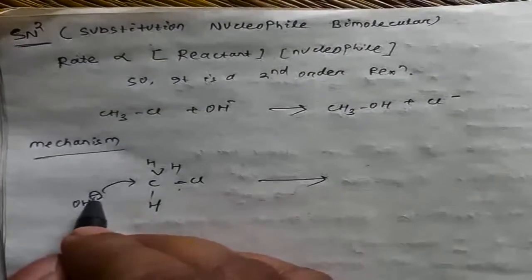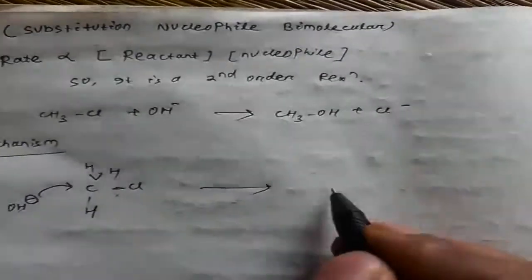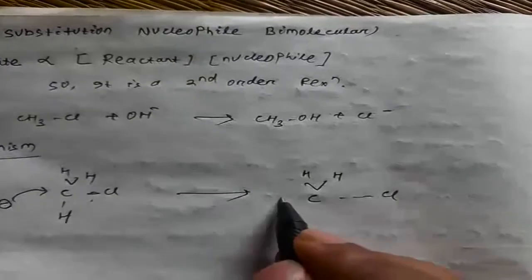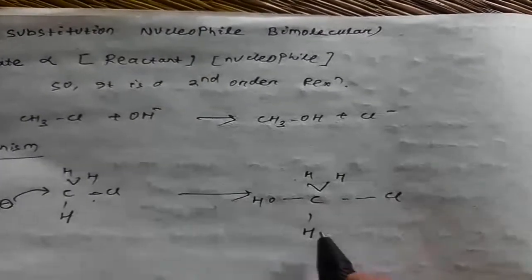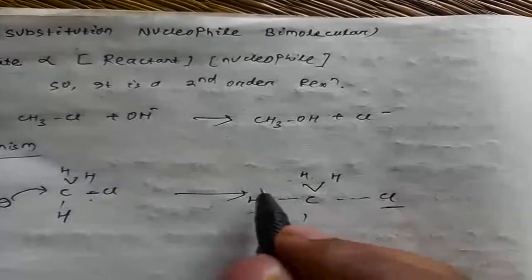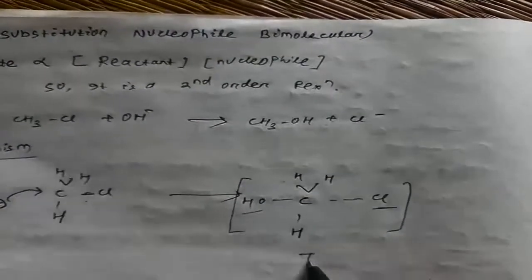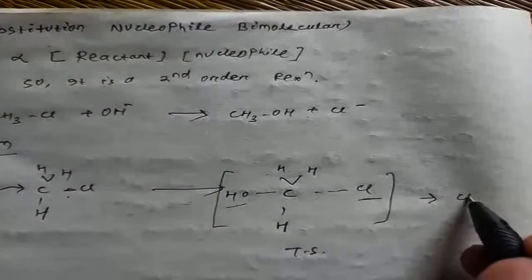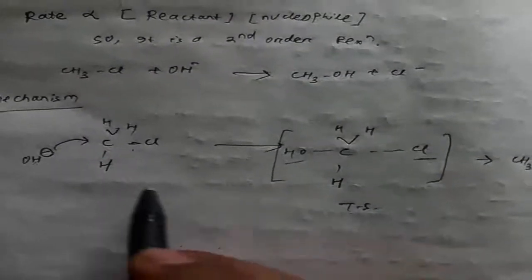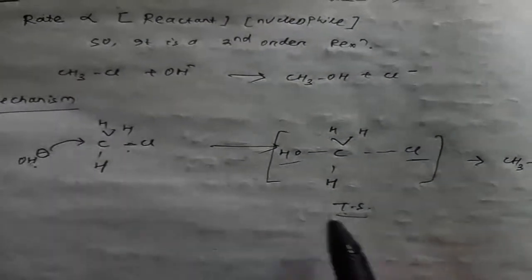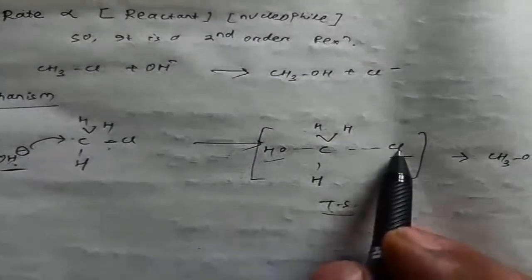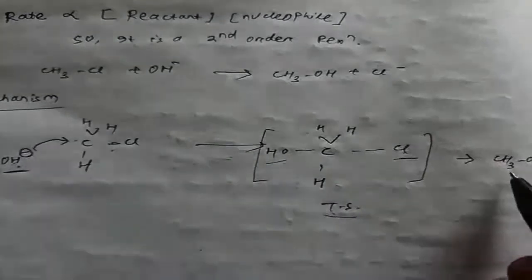In the transition state, both nucleophiles, OH minus and Cl minus, are attached to the carbon atom. Then it breaks down to give the product CH3OH plus Cl minus. So in the SN2 reaction, the nucleophile OH minus attacks from the back side, and in the transition state both nucleophiles are attached to the carbon atom to give the product.